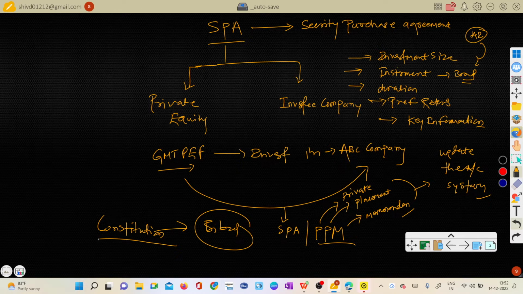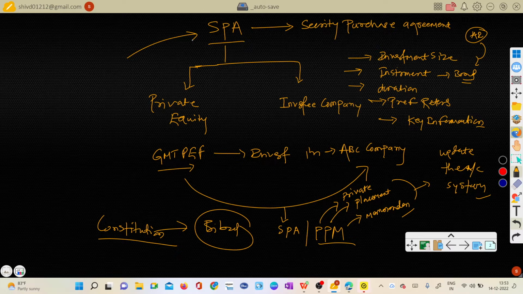Everything means everything. If you are still not able to understand the security purchase agreement, see at an individual level also, if you want to invest in GMT Academy at this moment, you cannot directly purchase equity in GMT Academy, right?